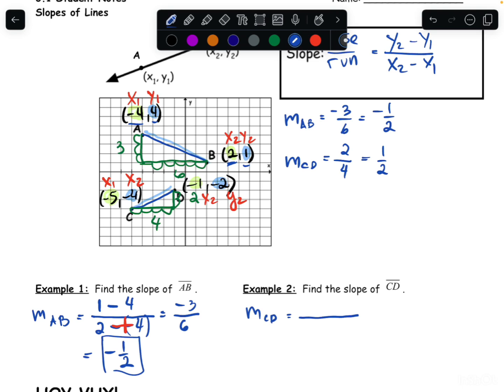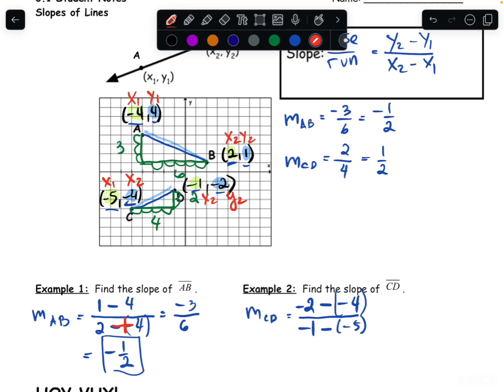Now I'm going to plug in my numbers. I'm going to put in my -2 right here, and it's going to minus a -4. Then on the bottom, I see my -1 right here, and I'm going to minus a -5.